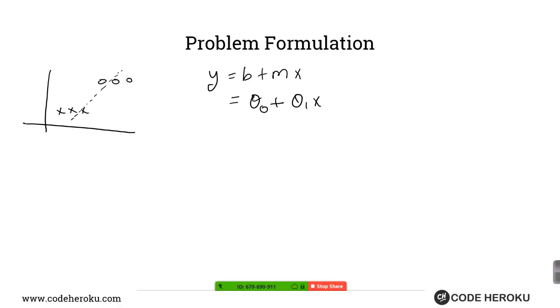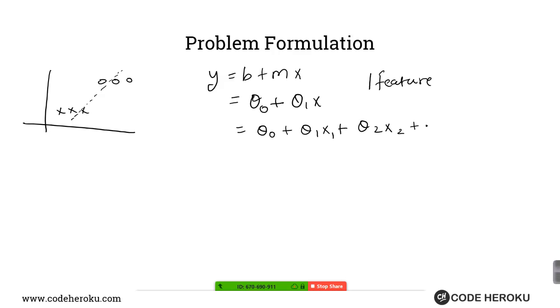Now this was in one dimension, when you have one feature. If you have more than one feature, what kind of equation will we get? We'll have theta 0 plus theta 1 x1 plus theta 2 x2 and so on.